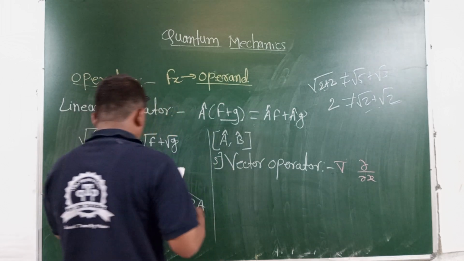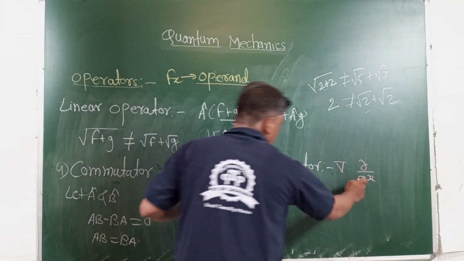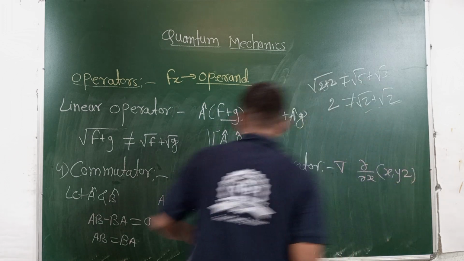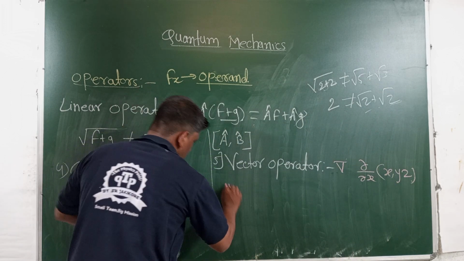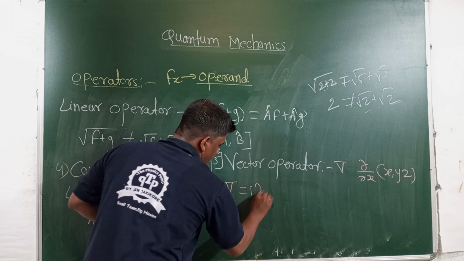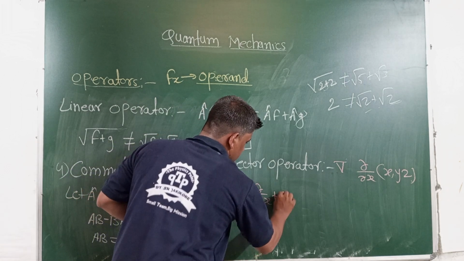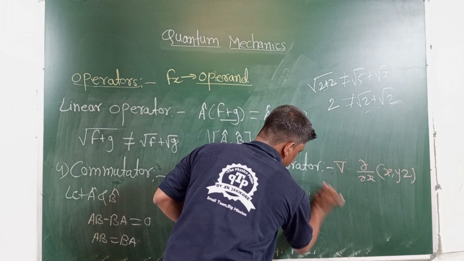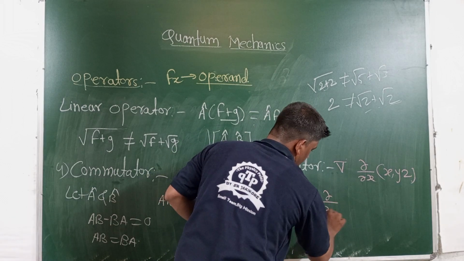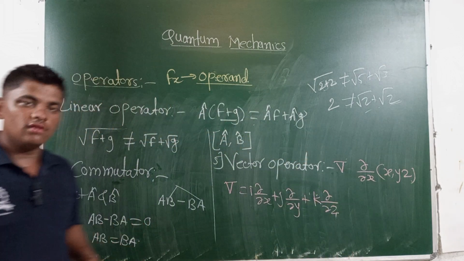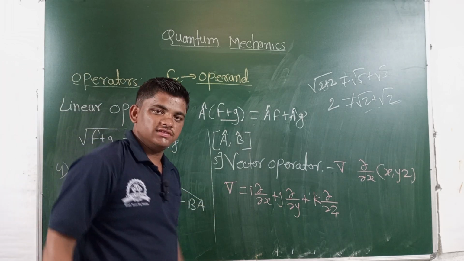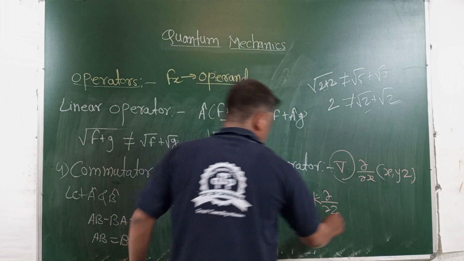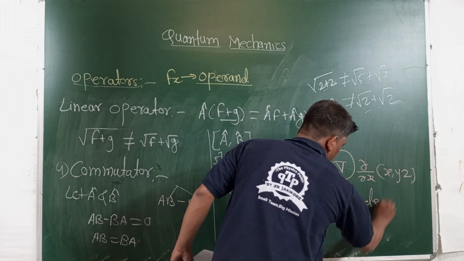When del by del x is operated on the function of x, y and z, we get del is equal to i del by del x plus j del by del y plus k del by del z. This is the vector operator, and it is read as del.